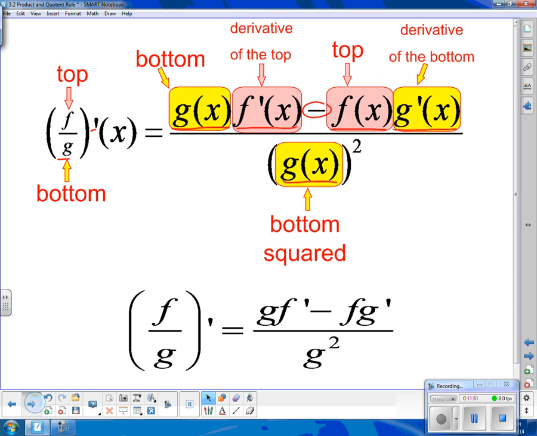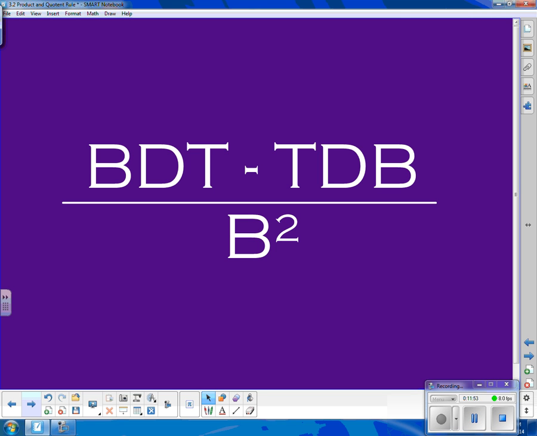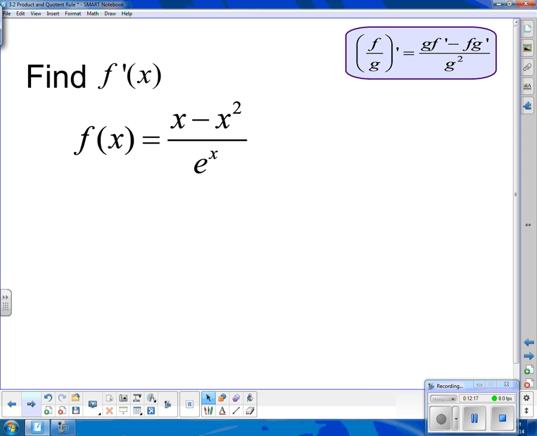Also, as a mnemonic, we have this, and this represents bottom derivative of the top minus top derivative of the bottom over bottom squared. So it's b dt minus t db over b squared. Those letters all rhyme, so that might actually be even more confusing, but some people like that to use to remember. So let's do an example.